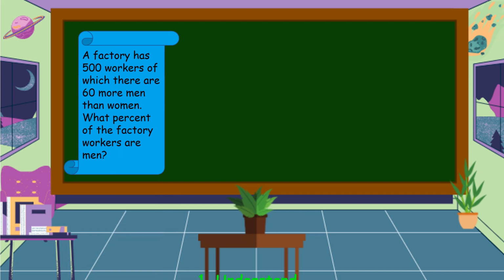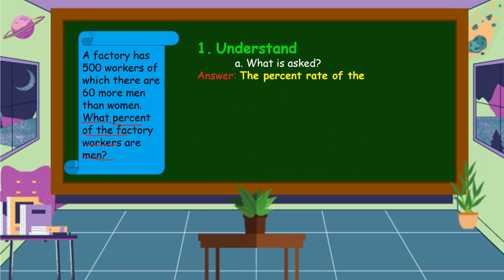Okay, next is intindihin na natin yung ating problem. We're going to analyze. Una, what is asked in the problem? Ano ba yung pinakatanong sa problem natin? So, meron dito, what percent of the factory workers are men? So, in our problem, it is asking for the percent rate of the factory workers which are men.